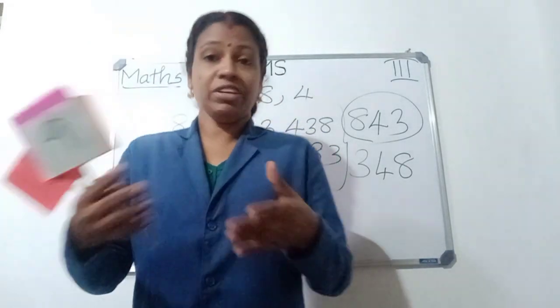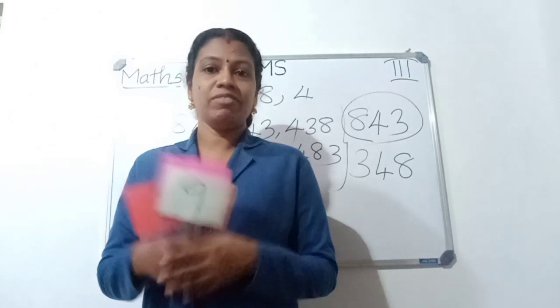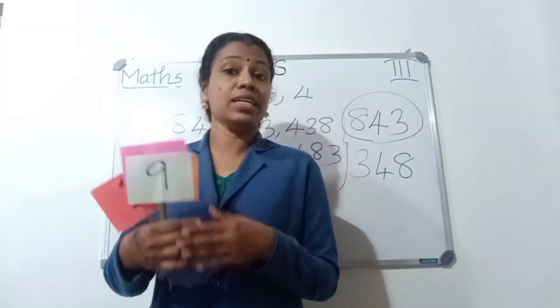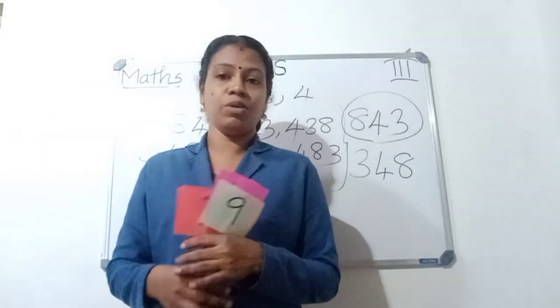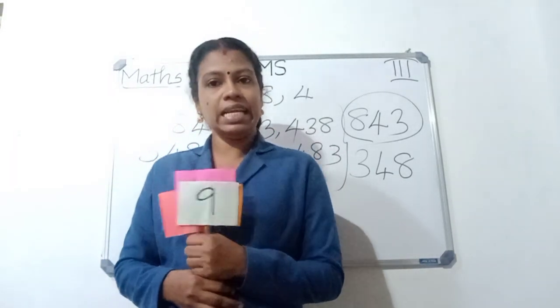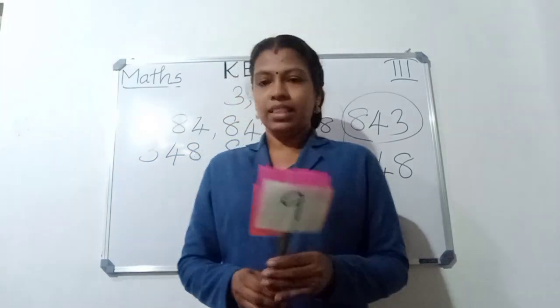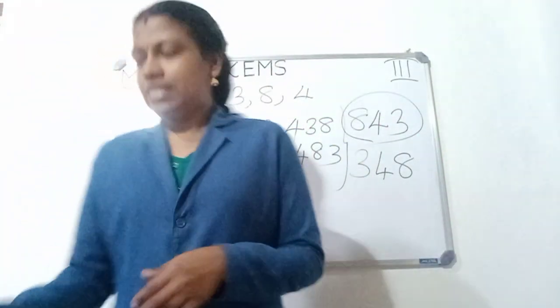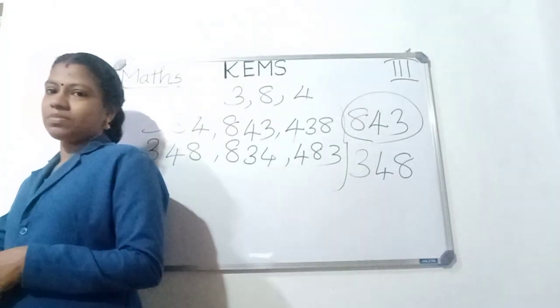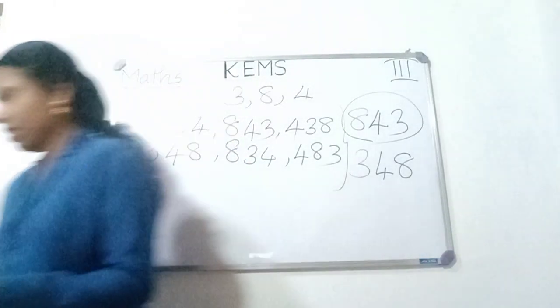Then if we need smaller number, we can arrange the numbers in ascending order. That is reverse order. Smaller to big. Okay, clear? Okay. Then one more thing is left in this chapter. New terms. Okay.